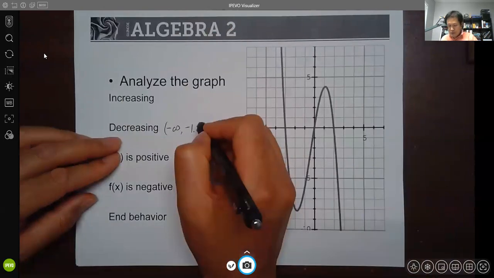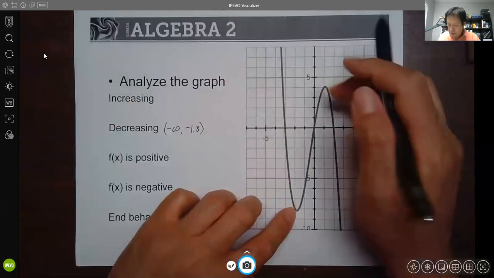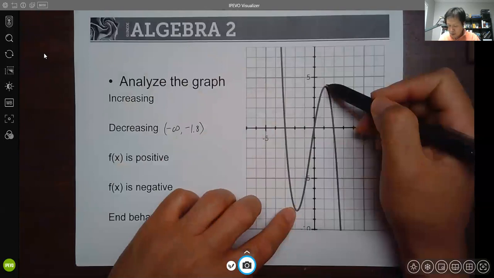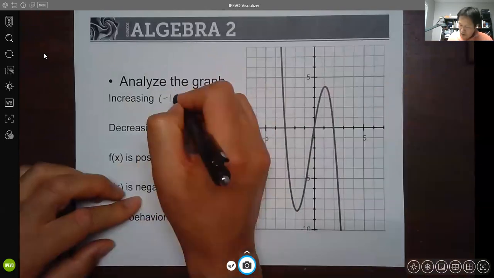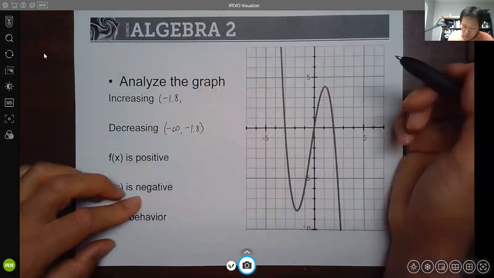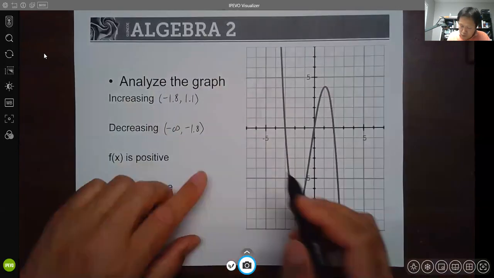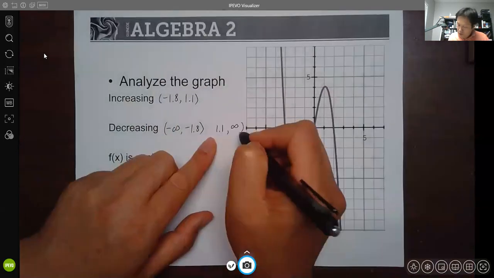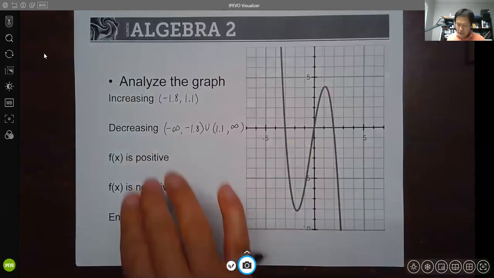Decreasing up to here. Now it starts increasing from here to here. I would say it's a little more than 1, it's okay to say 1.1. Now it starts decreasing. So 1.1 through infinity is decreasing, and your union with that will be the increasing and decreasing.